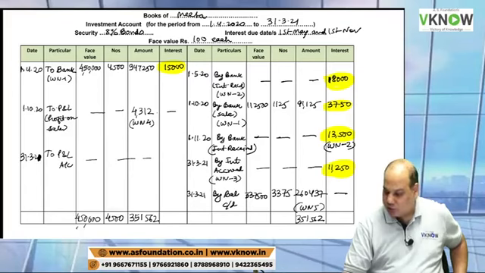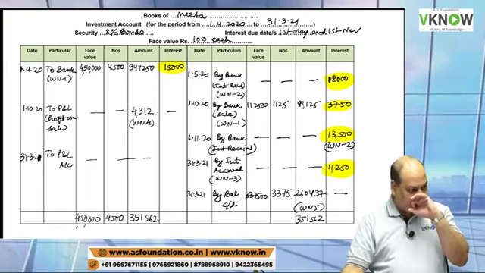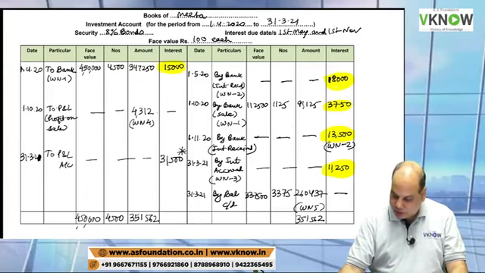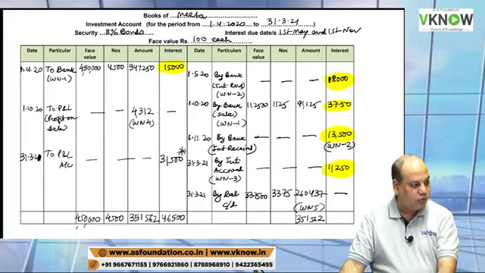How much is interest transferred to P&L account? Credit side total minus debit side: 31,500. 31,500 is the balancing figure here, and total of this is 46,500.